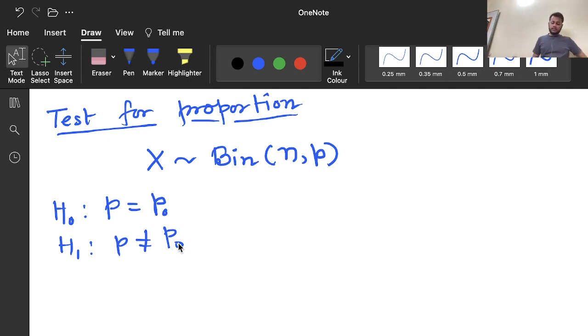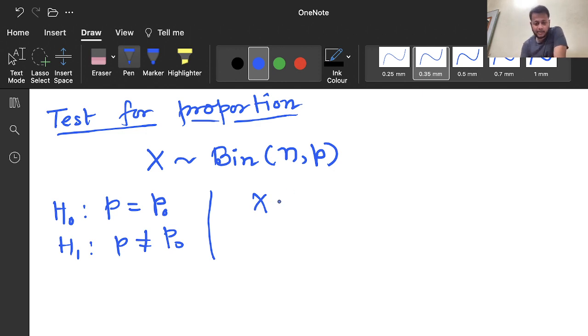And if n is very large, we know from the central limit theorem that (x minus x bar) by its sample standard deviation should go towards the normal distribution. Now see, the mean for this binomial distribution is NP, and sigma square is NPQ.